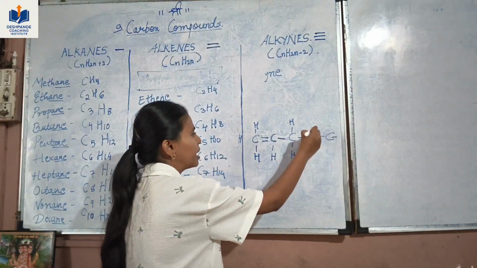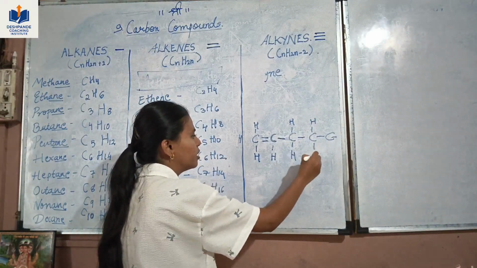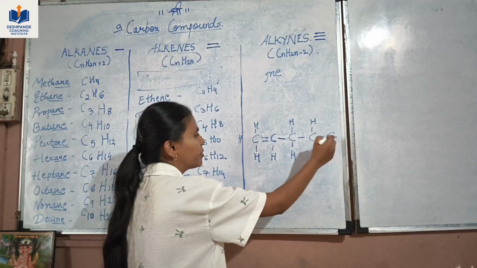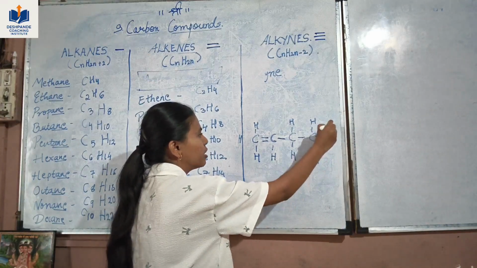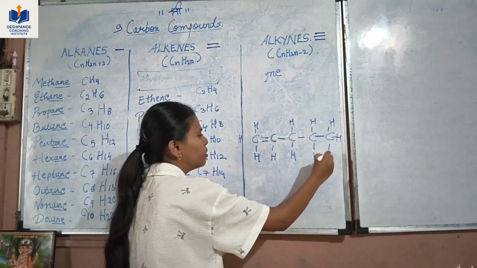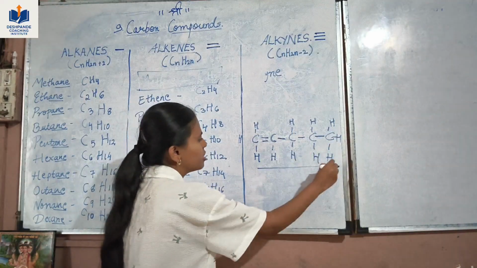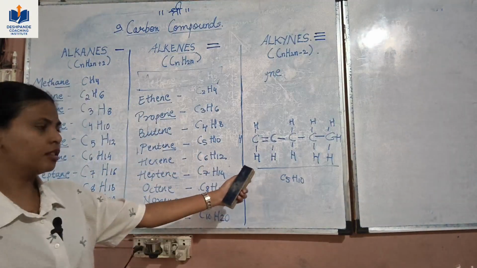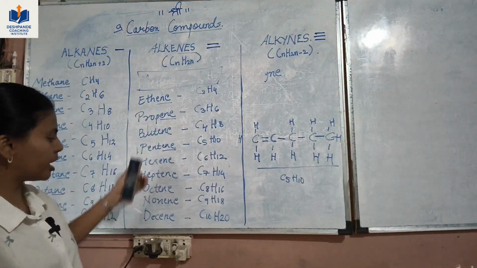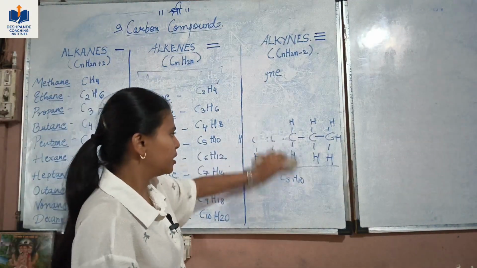Now look at this carbon atom. It also needs 2 hydrogen. This carbon atom has 1 bond, so it needs 3 hydrogen: 1, 2, 3. So this is the structural formula for pentene. Okay, got it? Now you can try for the rest of the alkenes. It's easy.